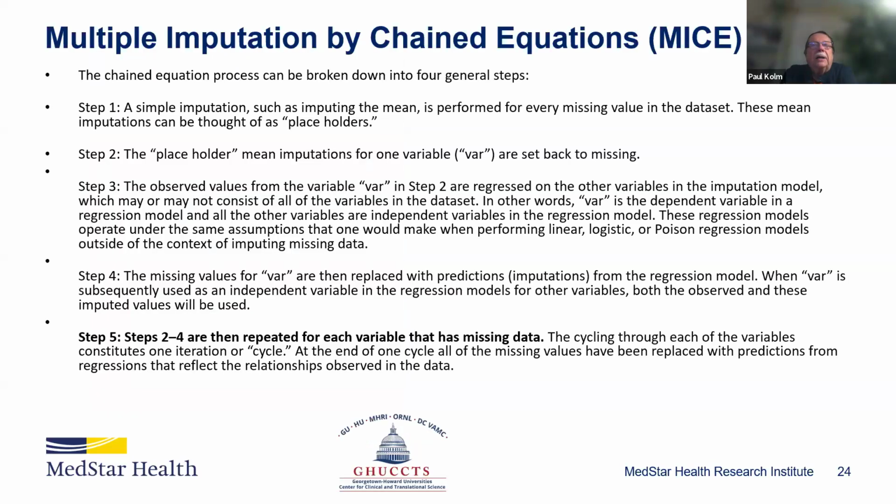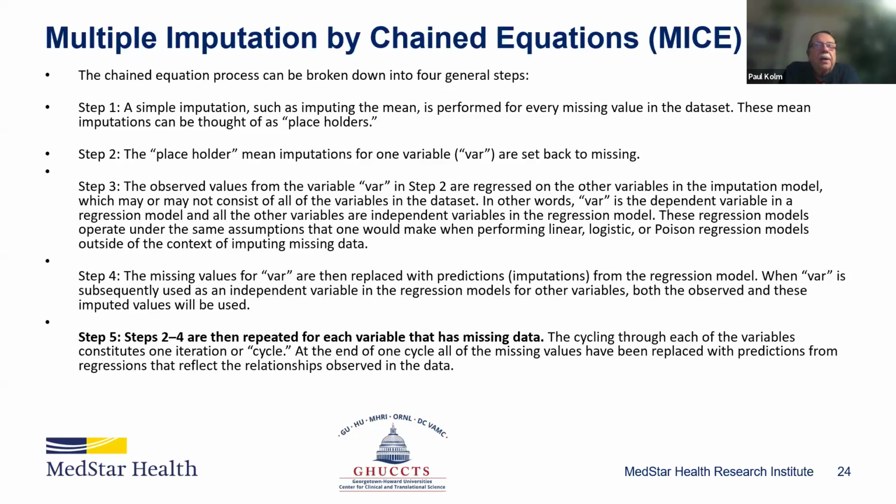So in terms of the method that's used, a common one is what's called multiple imputation by chained equations, or MICE. And so this has basically 4 steps, or 5, but it begins by putting in a single imputation, such as the mean, for every missing value.